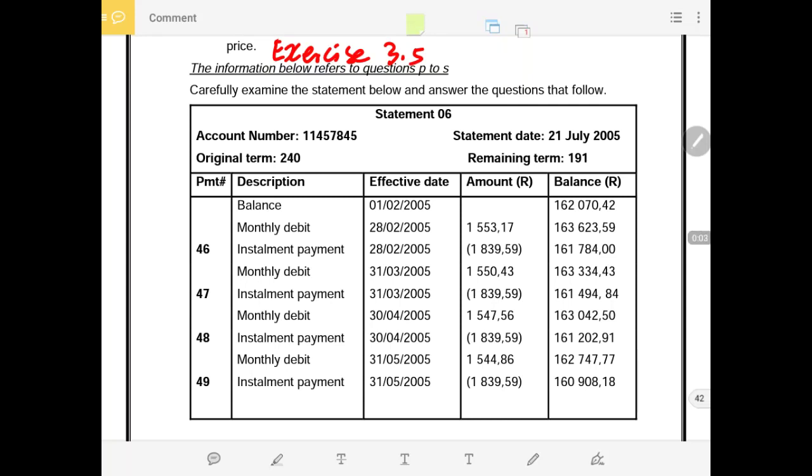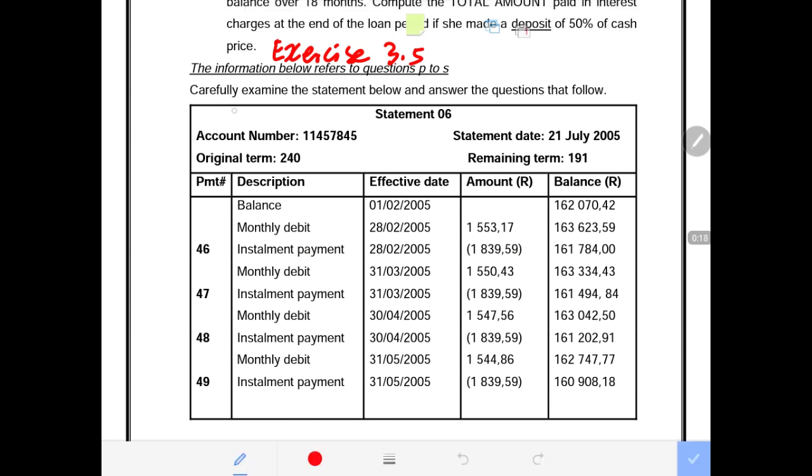We are still busy with exercise 3.5, but at the completion of this exercise, we are given below a statement that we are to examine carefully, then answer the questions that follow below.